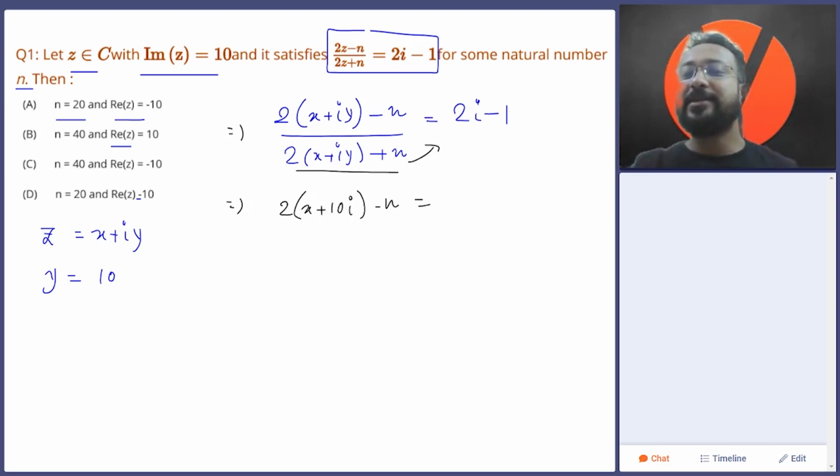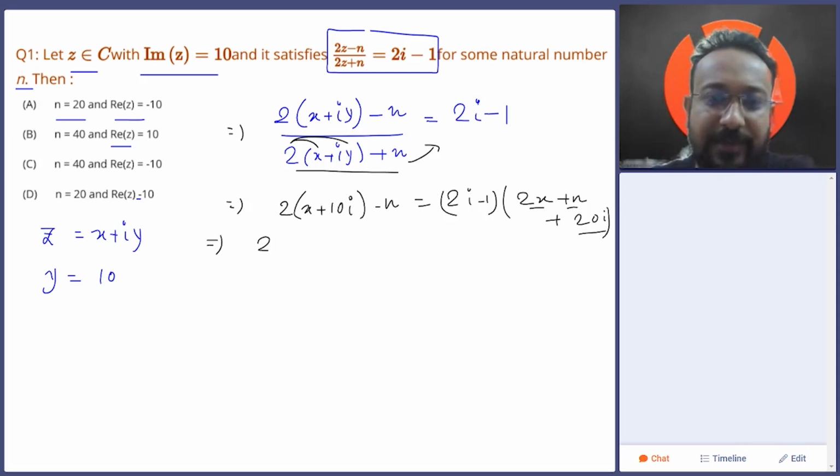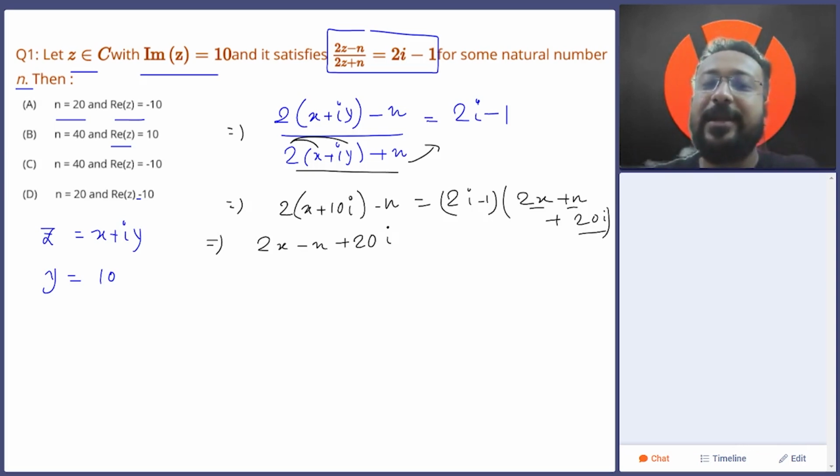I am multiplying on the right hand side, so (2i minus 1) whole into (2x plus n plus 20i). Clear? So the left hand side is left with 2x minus n plus 20i.